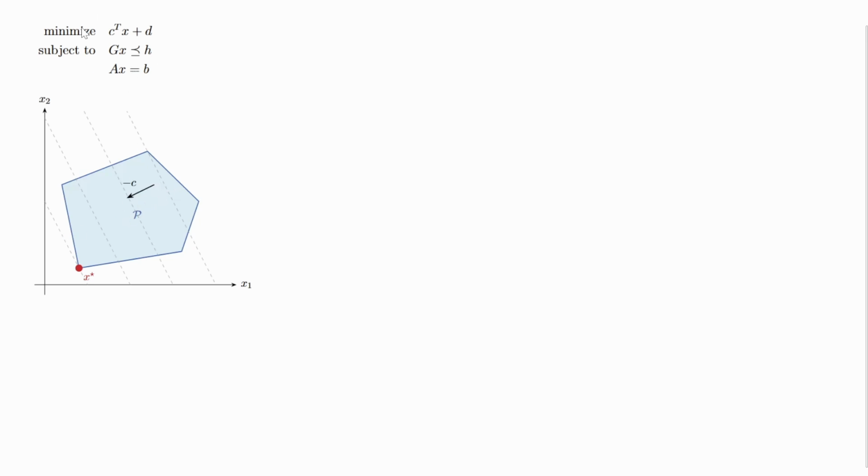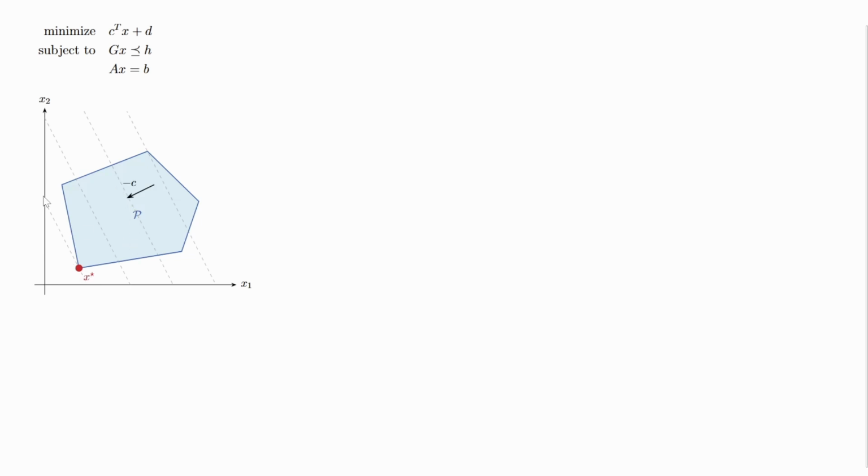So we want to minimize c transpose x. And so you want to go in the direction of negative c as much as possible alongside the feasible region. So the feasible region is the possible values of x which satisfy the constraints here. So you want to find a point in this feasible region which minimizes the objective function. So go in this direction the most.